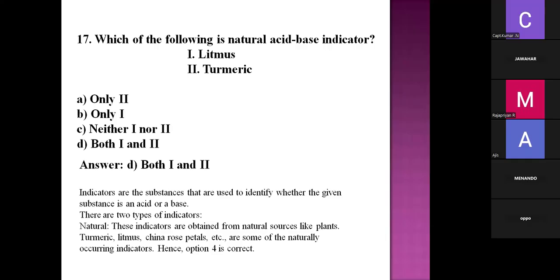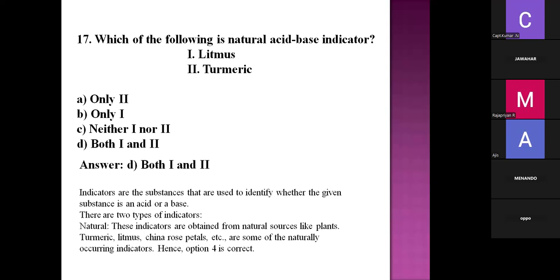Now let's see some indicators and their color changes, given in the table. Indicator, color change in acidic solution, color change in basic solution. Phenolphthalein: colorless in acidic solution, pink in basic solution. Methyl orange: red or orange in acidic solution, yellow in basic solution. Litmus paper: red in acidic solution, blue in basic solution. Turmeric: yellow in acidic solution, red in basic solution.